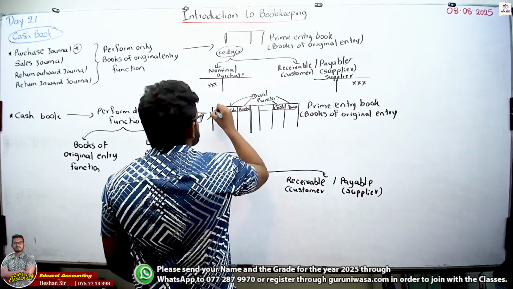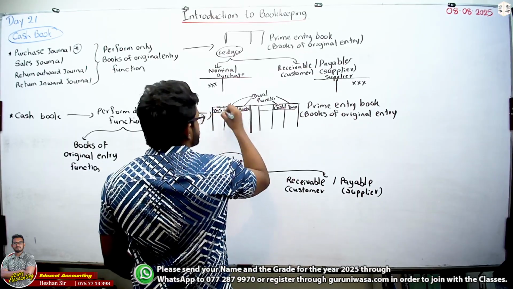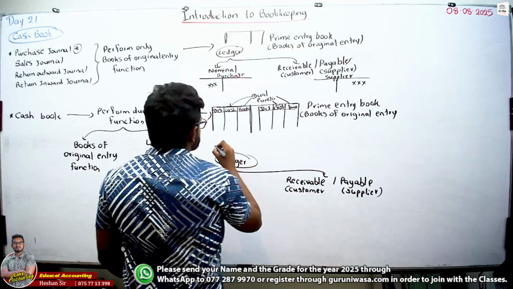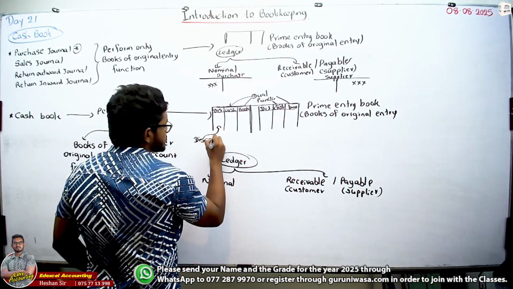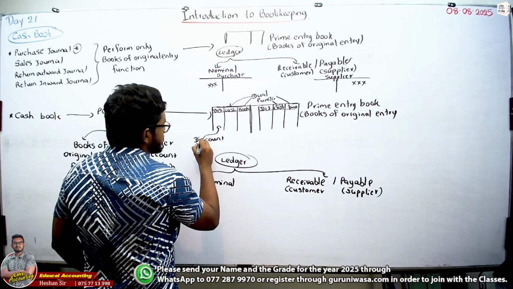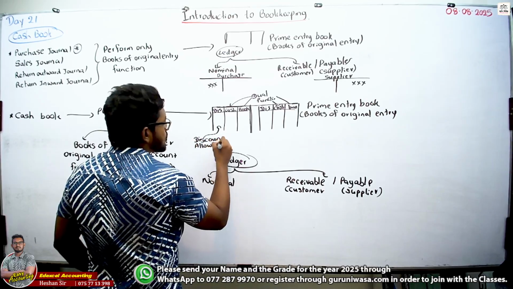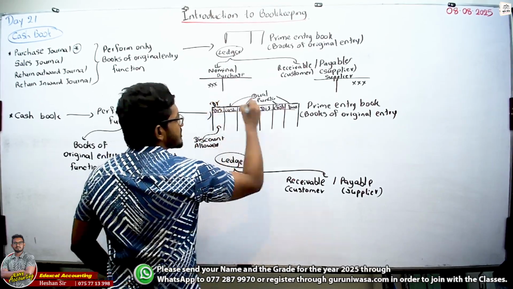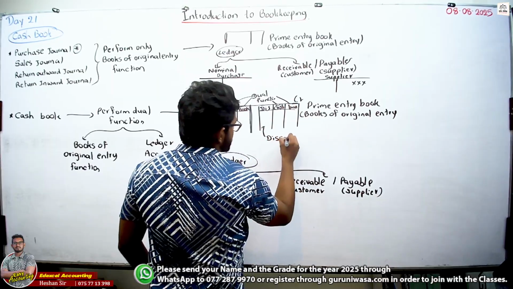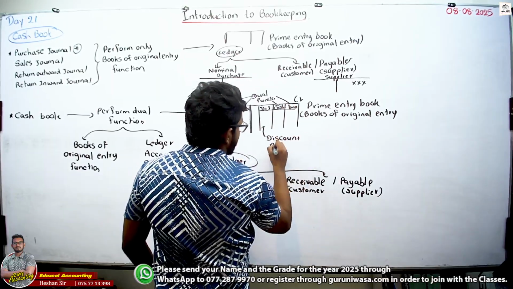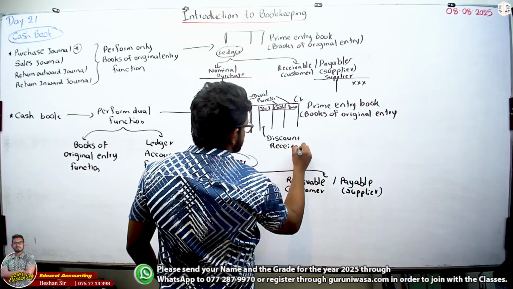When it comes to discount, this is the discount allowed. Why? When we receive cash, we allow the discount, on the debit side. On the credit side is the discount received. Why? When we pay cash, we receive the discount.